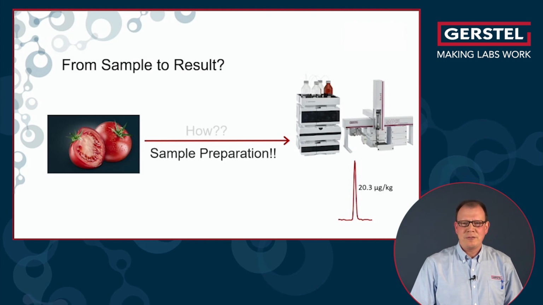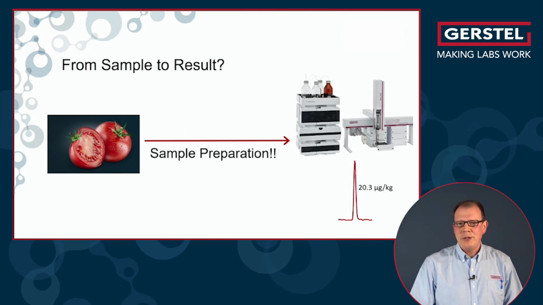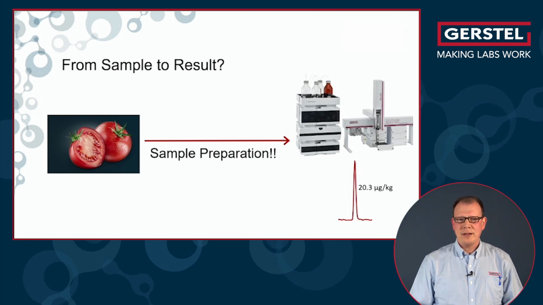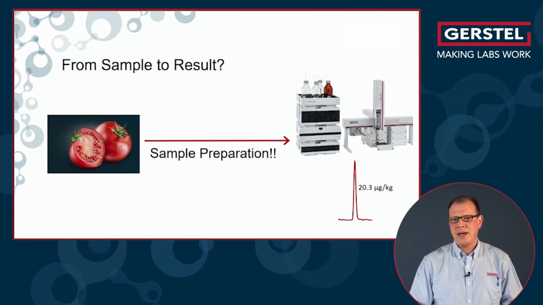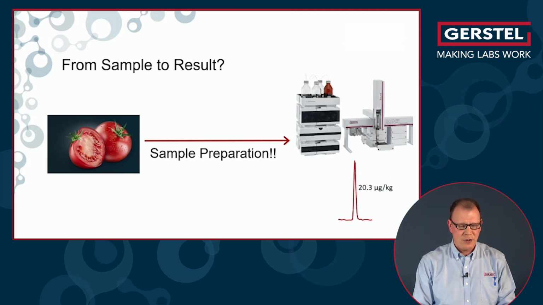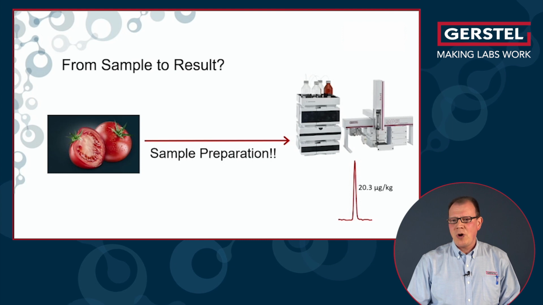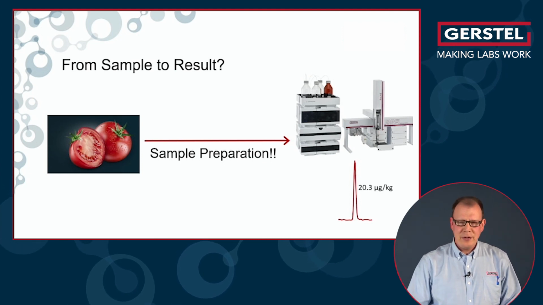And this, of course, as you will know, we do by sample preparation. Then we can have an extract and we can inject it to the LC or GCMS system.